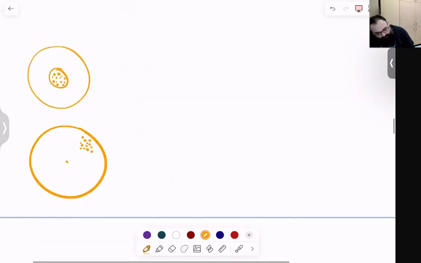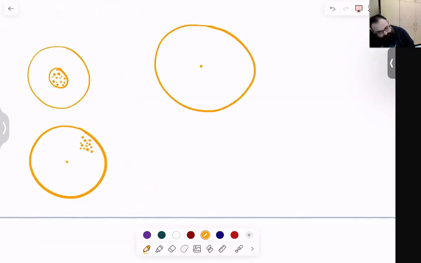Now, let's talk about this person here. What is happening with that person? Let's use the words aim and precision. All those dots, where's the center of all those dots?